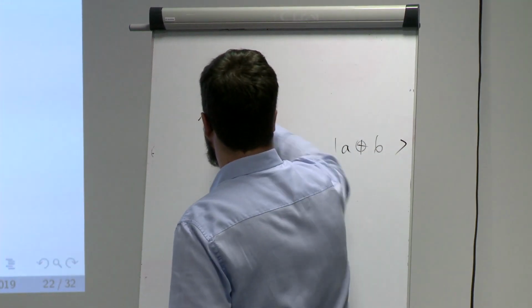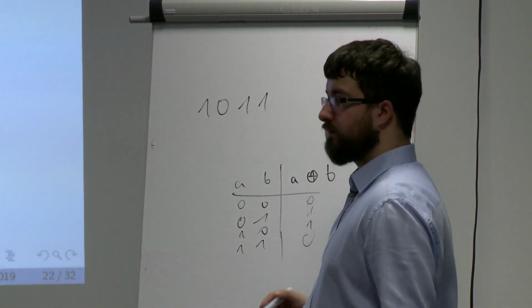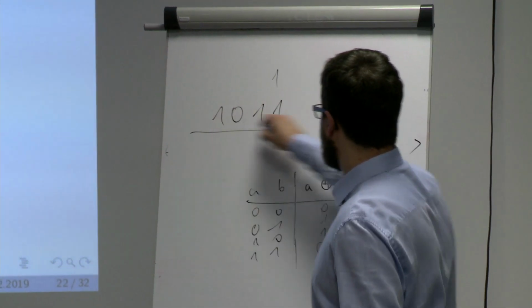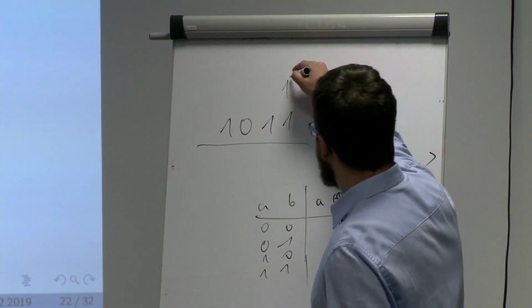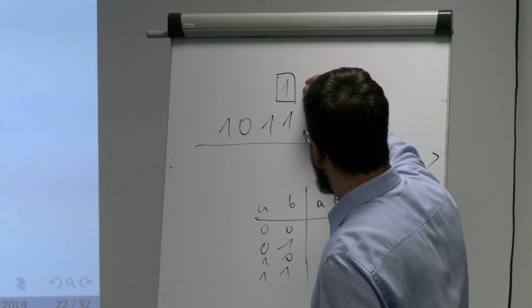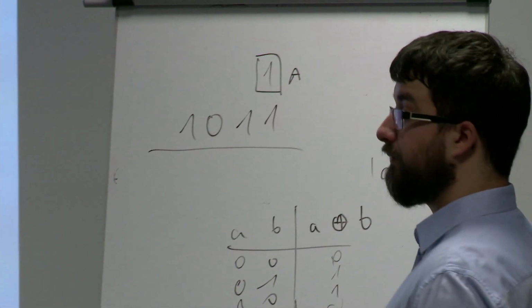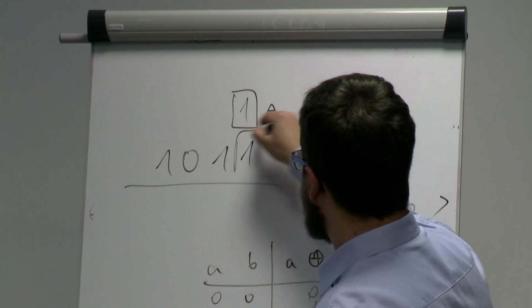Because if our number is, let's say, 1011, when adding 1, then this is our A, and this is our B0.